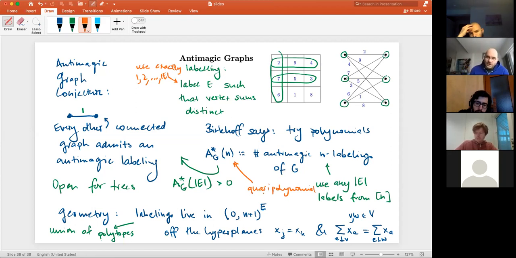Okay, what's the degree? Well, we live in edge space, right? So that's the dimension, and so this quasi-polynomial should have degree the number of edges. So there's some analogy here to the chromatic polynomial, except that for the chromatic polynomial, the degree was the number of vertices of the graph. No, it's the number of edges.